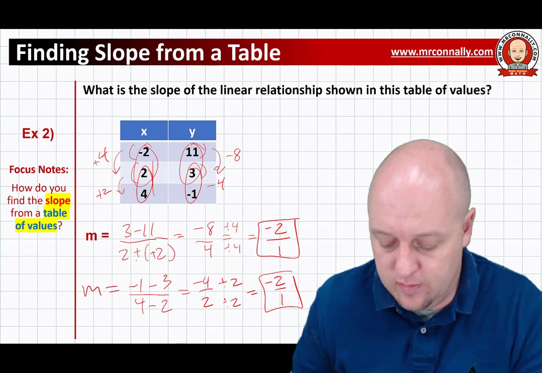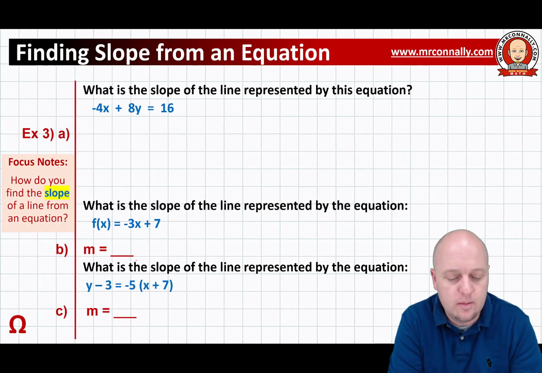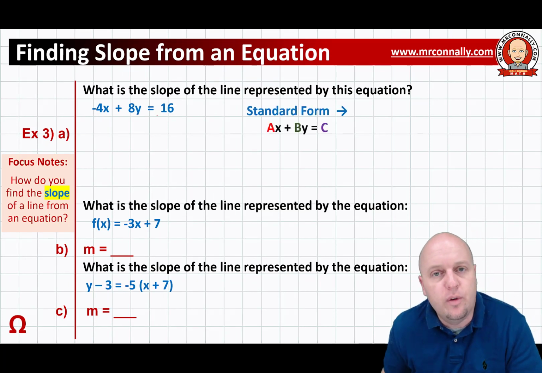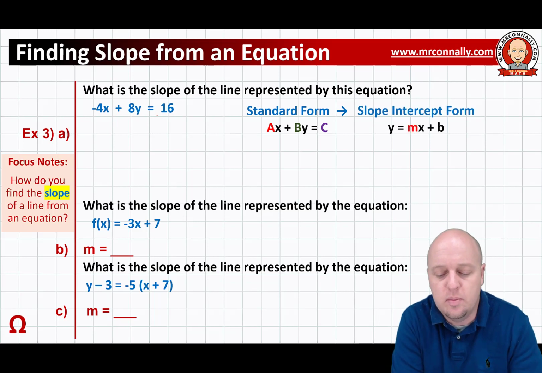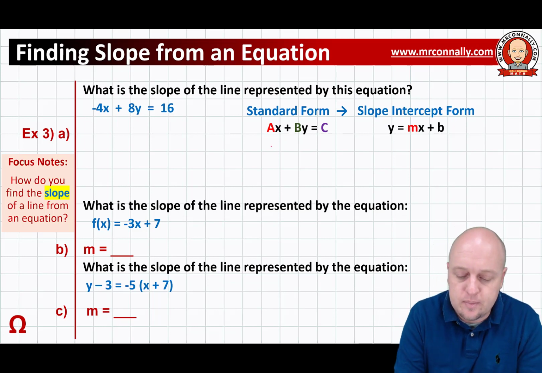Okay, let's go ahead and move on to the next one. What is the slope of the line represented by this equation? Okay, so we want to find the slope of -4x plus 8y equals 16. Remember, this is standard form, and we want to convert it into slope-intercept form like I mentioned earlier so that we can find the slope, because the slope in this equation is the opposite of a over b.